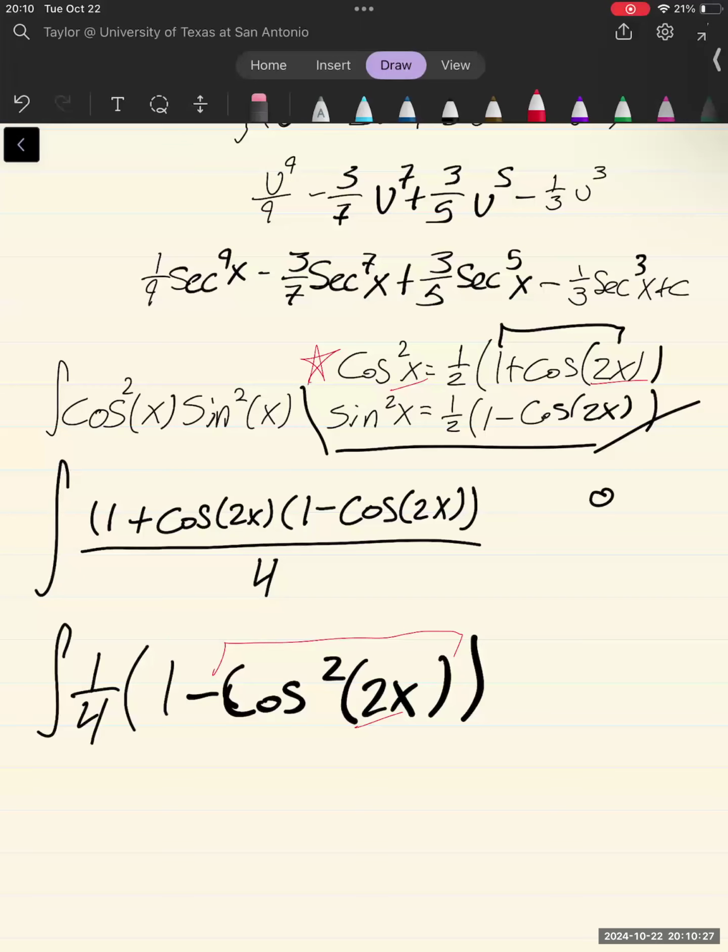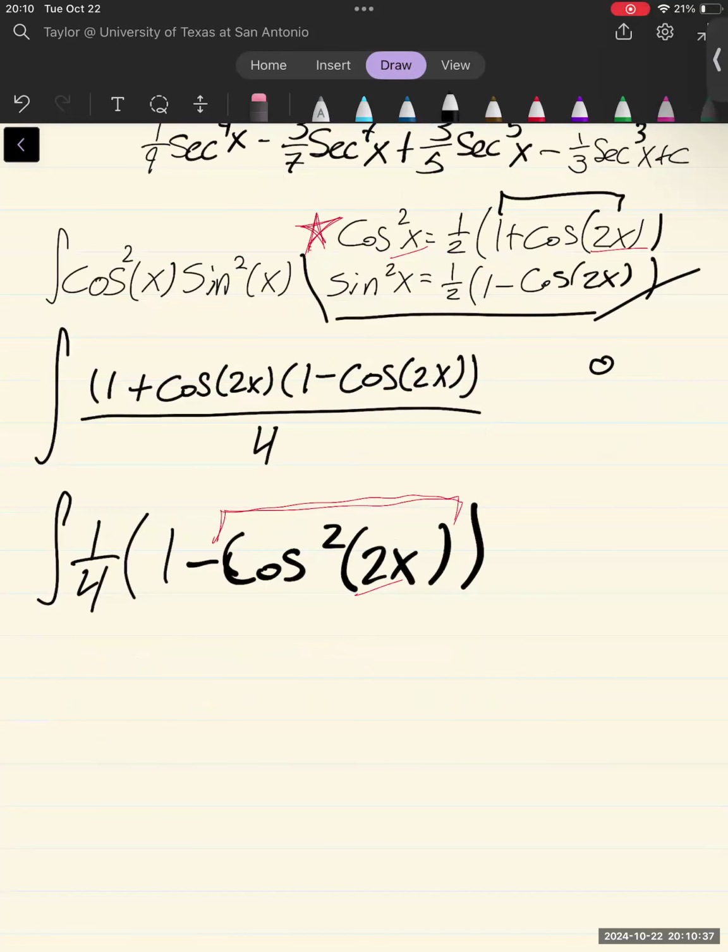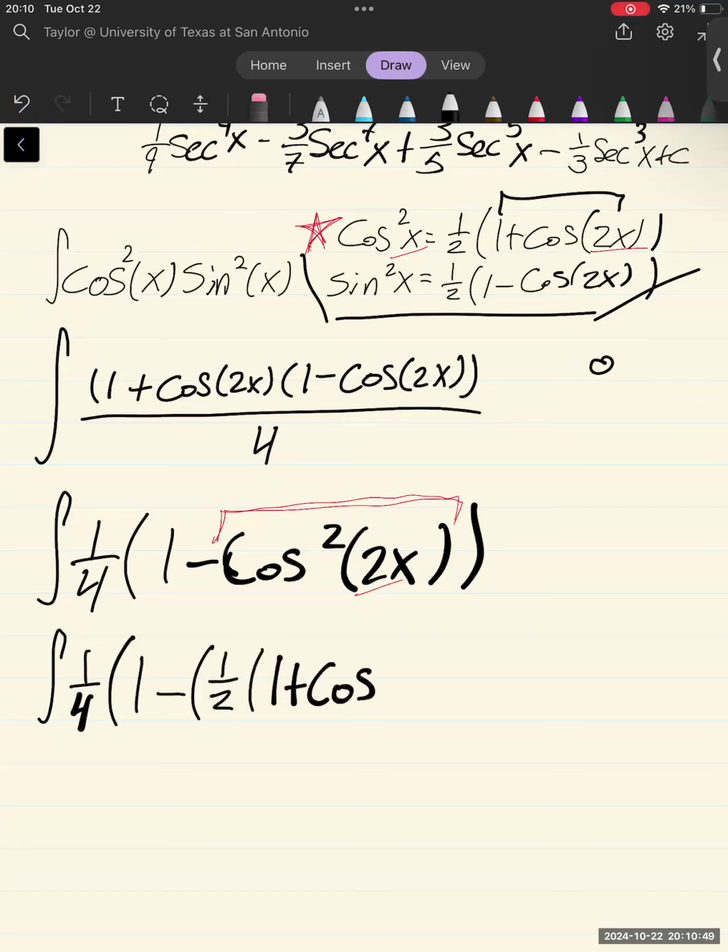Okay, so I'm going to use the power reduction here, and I'm going to use this identity here. So now what I have is the integral of 1/4, 1 minus, oh, sorry, 1/2, 1 plus cosine.